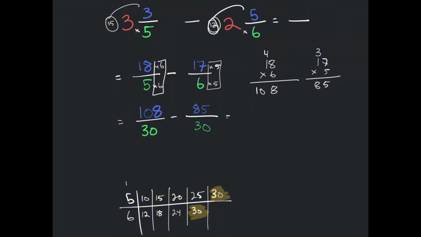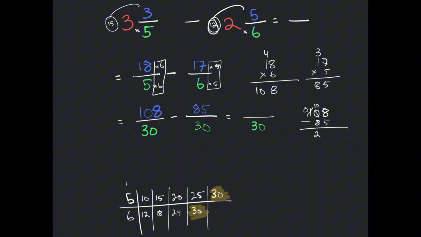So when I solve, my denominator stays the same, 30, and then I subtract 108 minus 85. So I have to look all the way over. 5 can't subtract from 8... rather, I work from the right: 8 minus 5 gets us 3, and 0 can't subtract 8, so I have to borrow. I cross it out, make it 10, and then 10 minus 8 gets us 2.